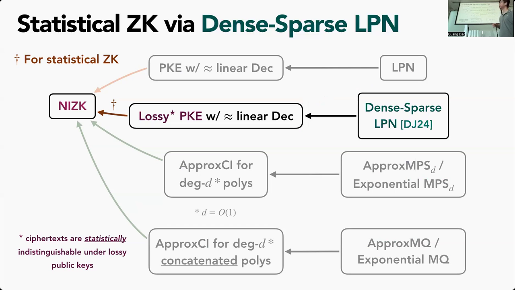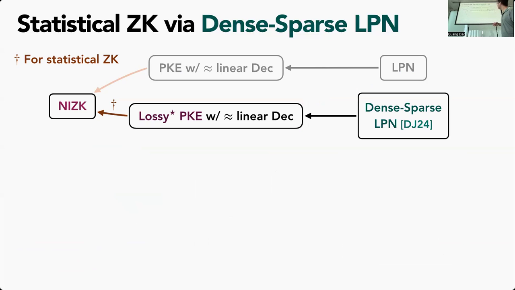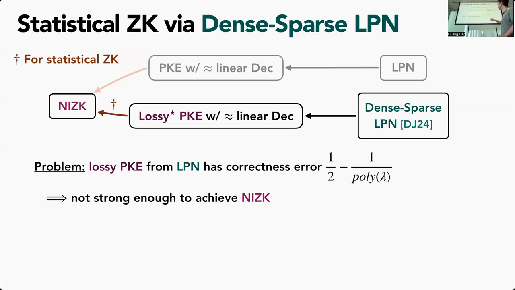And so we achieve this from this new assumption that we call Dense-Sparse LPN. And it's actually not possible from just LPN. We showed that if we try to build it from just LPN, then it would have this horrible correctness error, so horrible that we cannot plug it into the template.